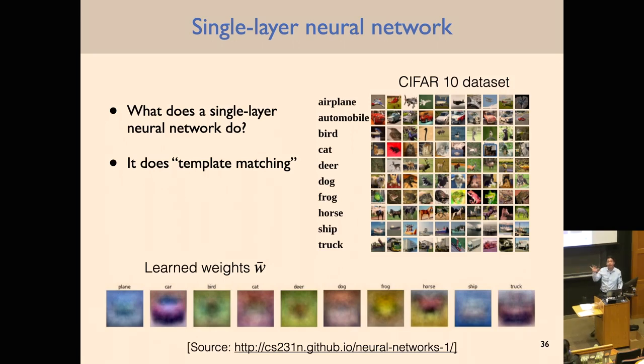If you're given a new image X, we take the dot product of X with this template image, and the dot product is a measure of similarity. If the dot product is high, that means there probably is a car in the image. If the dot product is low, then there's probably not a car in the image, at least according to this template.